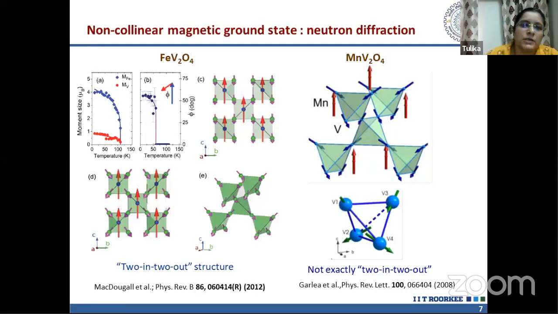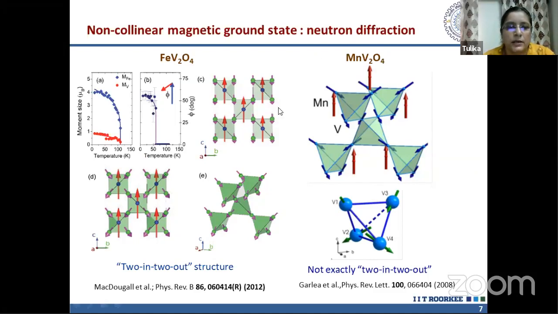So now coming to the non-collinear magnetic ground state, the neutron diffraction measurements predict a non-collinear structure for FeV2O4 and also for CoV2O4. A similar structure is predicted, which is called the 2-in 2-out structure, where of the vanadium spins, 2 of them point inward and 2 of them outward. This is the 2-in 2-out non-collinear structure.